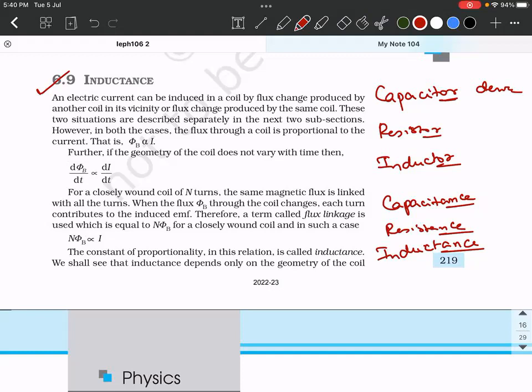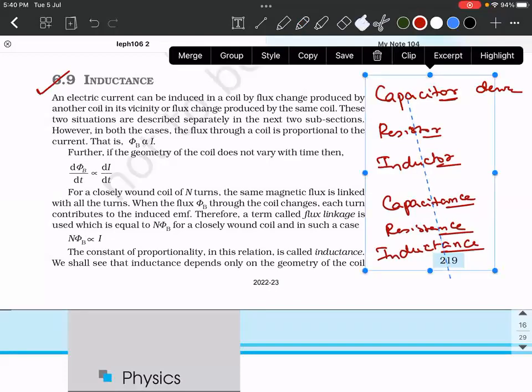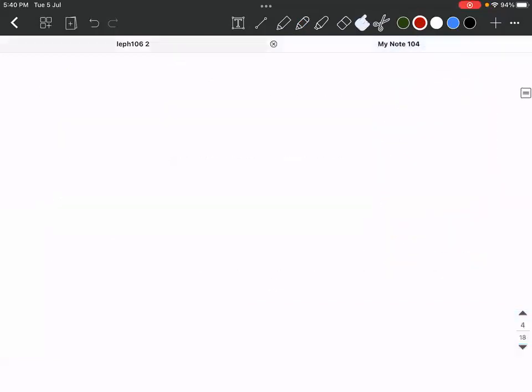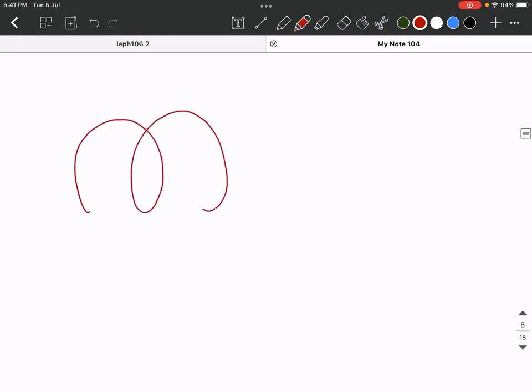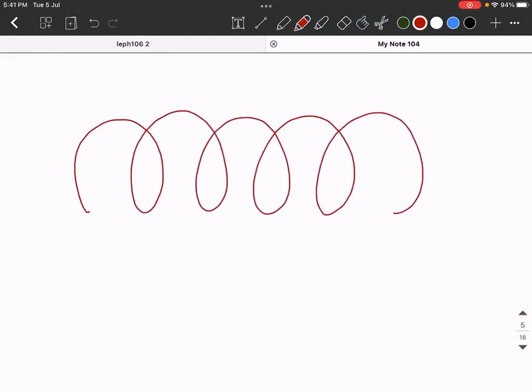Okay, but before that, let's try to take a particular scenario and understand it. Suppose I have a wire wound in this form. Okay, it's not a solenoid. Let's say a wire is taken and it is wound in the form of a helical shape.